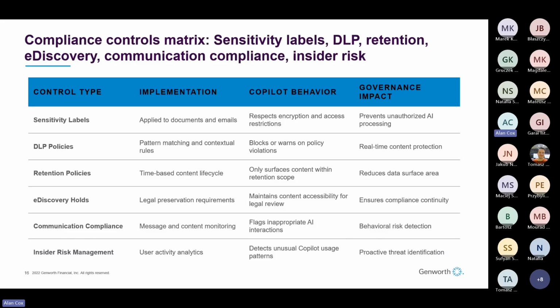Communication compliance, almost anything is being rolled into communication compliance these days. We see this behavioral risk detection. I'm a huge fan of insider risk, detecting unusual activity by users. I'm a big fan of insider risk and adaptive protection, where we can scale up our protections.